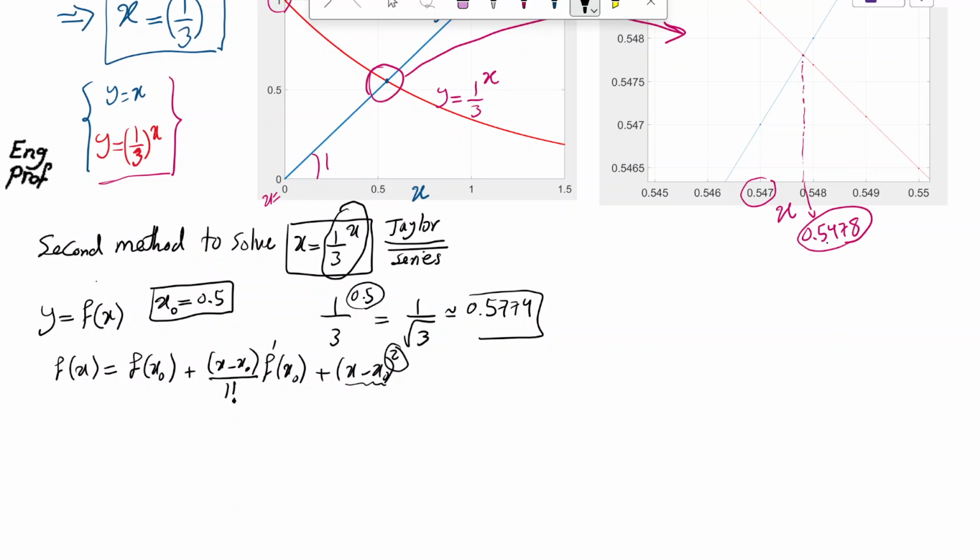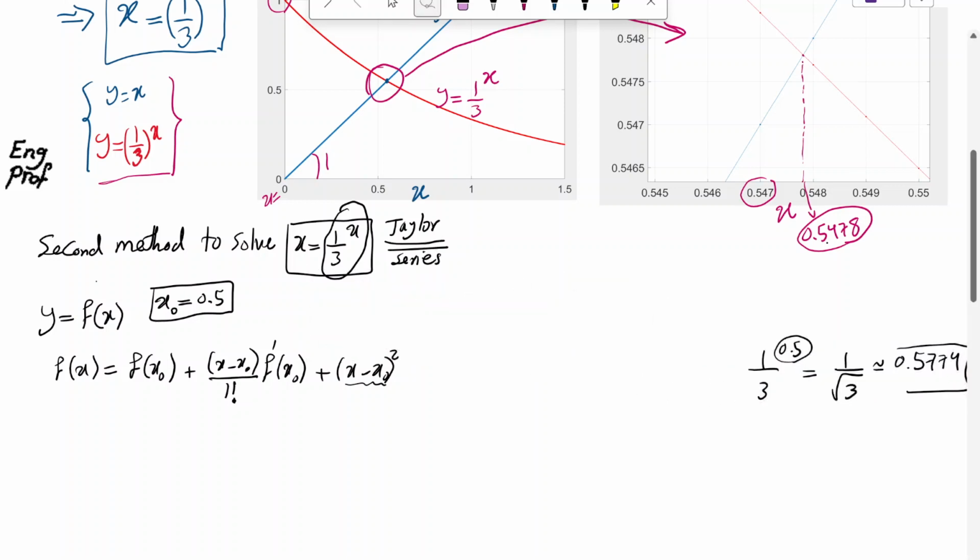Raising it to the power 2, I can neglect it. So that's why for the next term in the Taylor series expansion, I am neglecting the second derivative of f at x0 divided by 2 factorial. So I am effectively saying it is approximately 0.